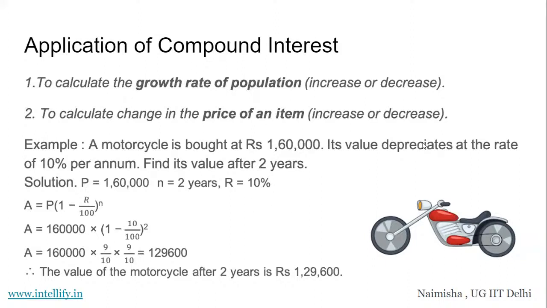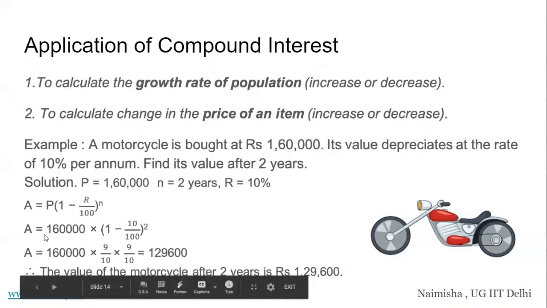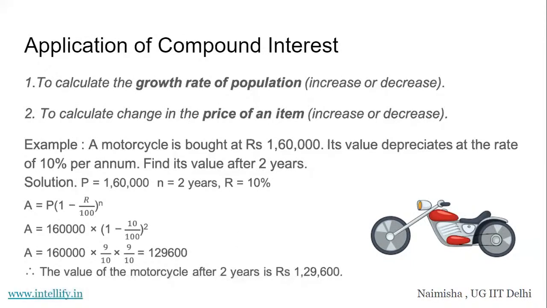If it increases annually, then in this formula there would be a plus instead of minus. Now, when we calculate the amount by substituting the values of P, n and R, it turns out to be 1,29,600. Hence, the value of the motorcycle after 2 years is rupees 1,29,600.